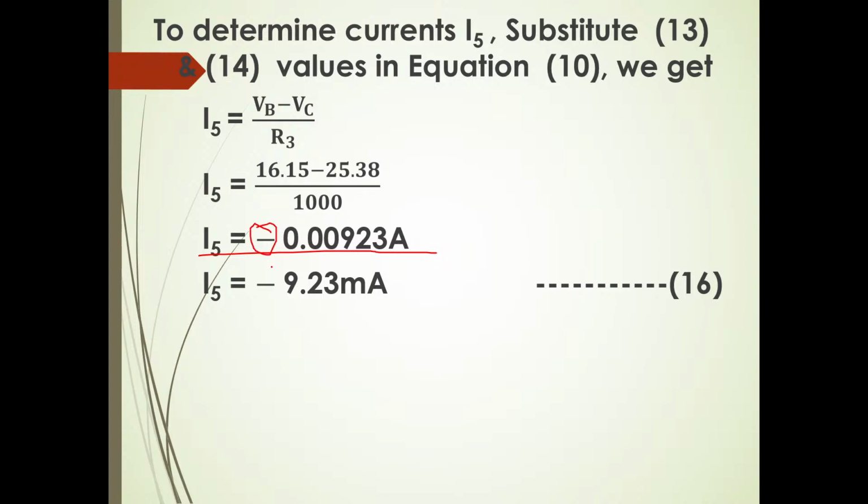That means the current direction that you have assumed is opposite to the actual current direction of the current flow in the given circuit. You just convert amperes into milliamperes. I5 is equal to minus 9.23 milliamperes.